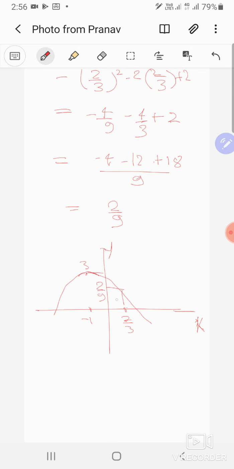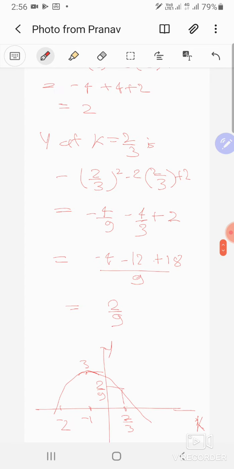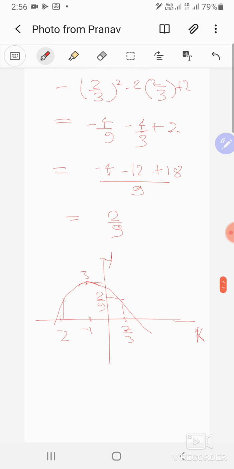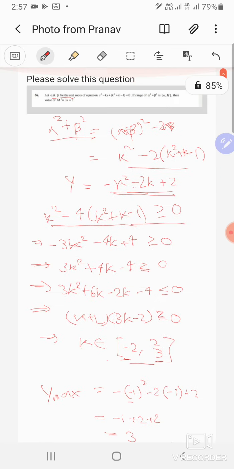And at k equals minus 2, you get this value as 2. Which means that this 2 by 9 is in fact the minimum value of that function y. The minimum value is 2 by 9 and the maximum value is 3. So capital M squared times small m is going to be 3 squared times 2 by 9, which is 2.